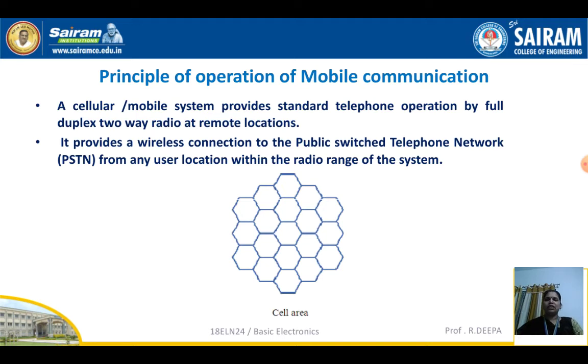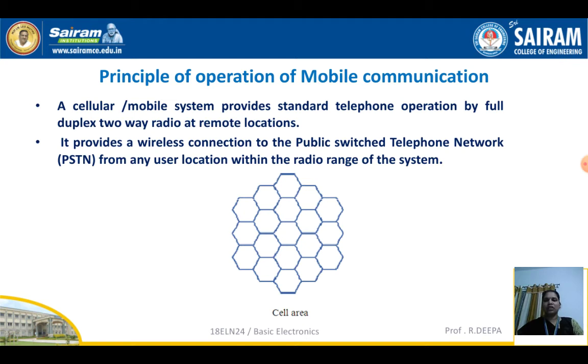Also, it provides a wireless connection to the public switched telephone network, which is named PSTN, from any user location within the radio range of the system. Below we have shown a picture which is a cell area. Each cell is nothing but an area which covers the users available within that particular area.